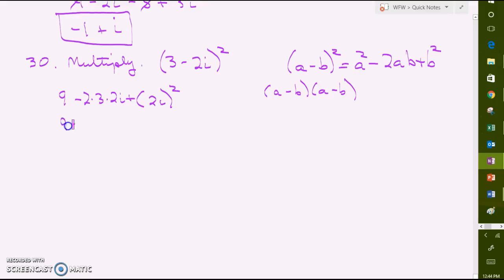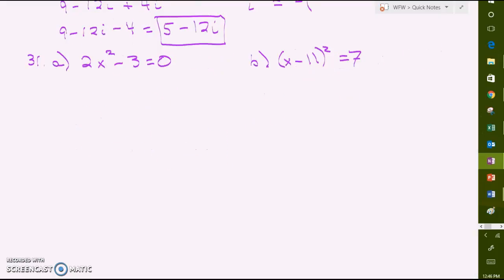So we have 9 minus 12i plus 4i squared. I would write it like that to make sure you don't mess up the negative sign, because i squared is equal to negative 1. So we have 9 minus 12i minus 4, and that gives us 5 minus 12i.